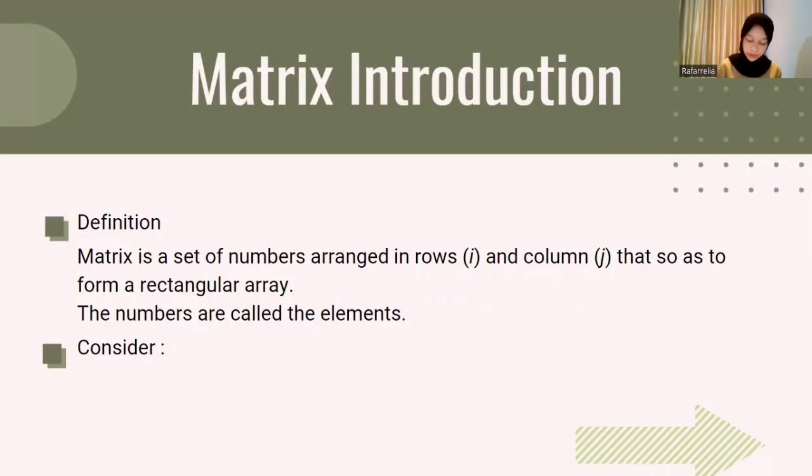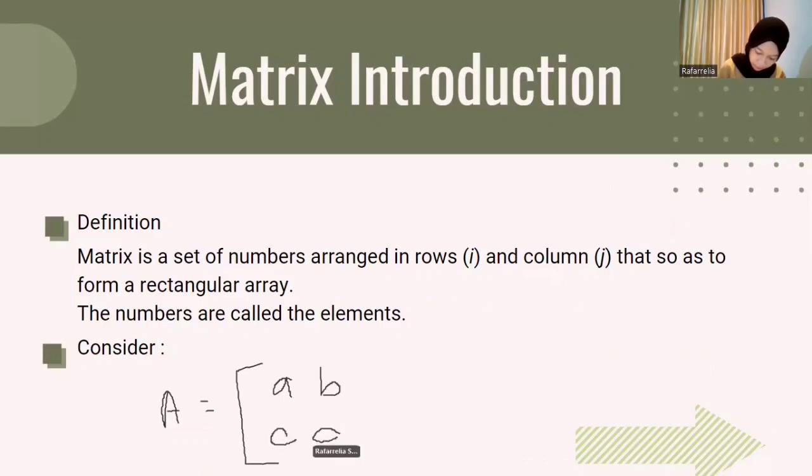So consider this is the A matrix. This one here are called the elements of the matrix.